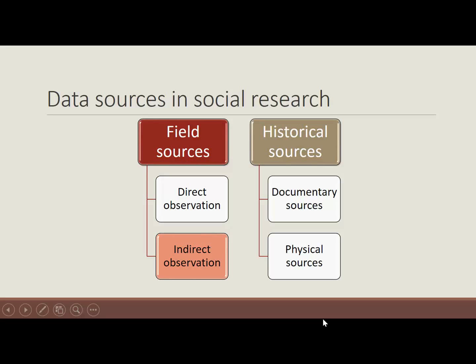So, physical sources. Now this is interesting, and very few people actually use these. There are two types, accretion and erosion. There have been studies done that illustrate both. Accretion means something that human beings have physically added to the social or natural world that we then study to understand social behavior.